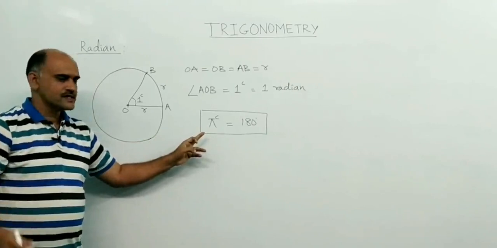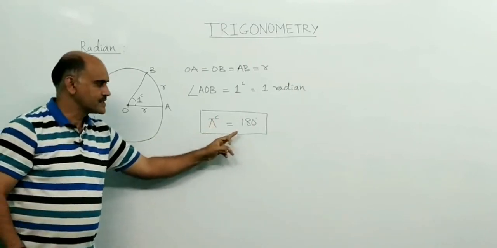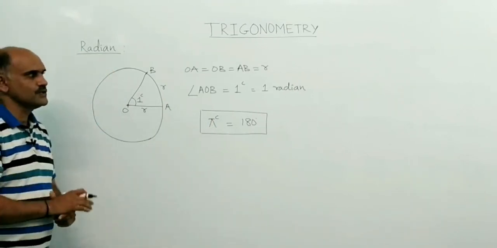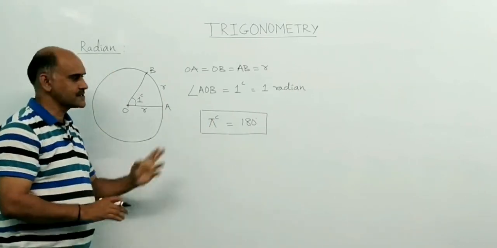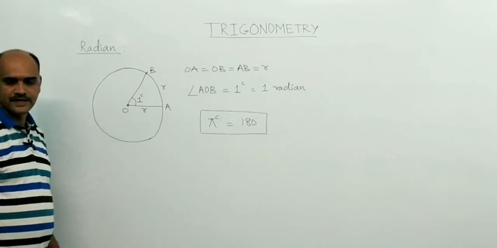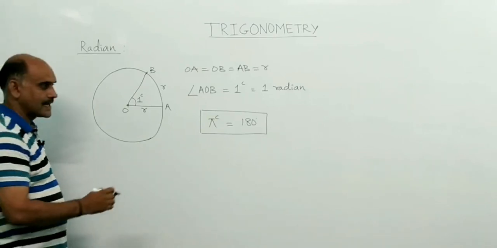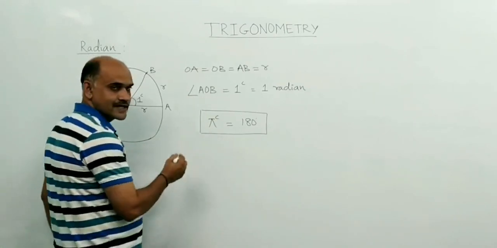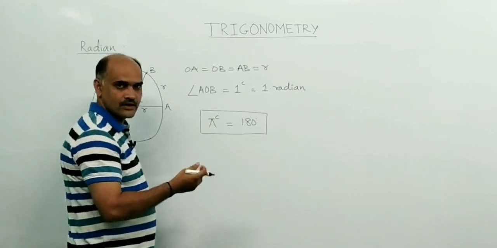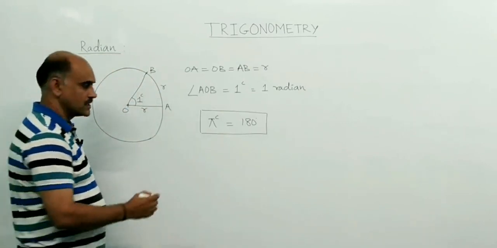In further solving, every time we don't denote C; if pi comes it is understood that it is a radian. Now initially you will have simple numericals where you are required to convert an angle from degree to radian. He has given in radian and you are required to convert it into degree, or he has given it in degree and you are required to convert it into radian.